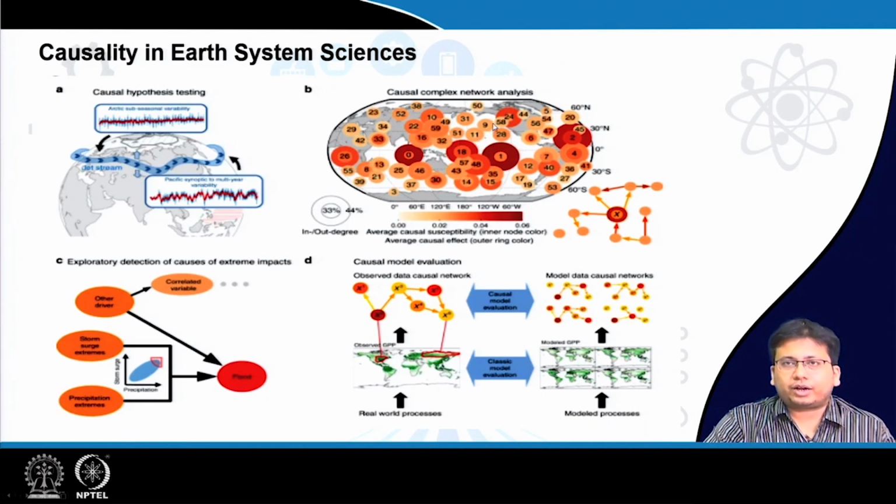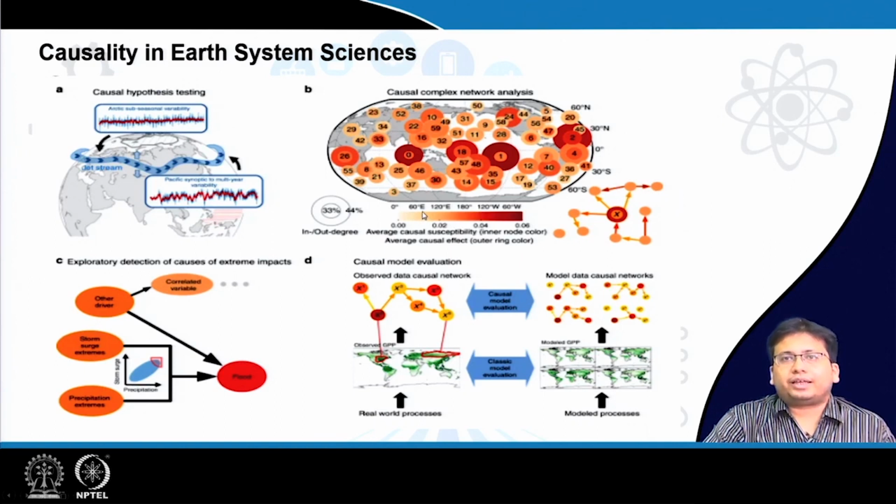Of course, that will require us to do the causal analysis and identify lots of cause effect pairs in different parts of the world. One of the most ambitious research questions in this domain is to build some kind of a causal complex network of the world that will enable us especially to understand the phenomena of teleconnections, in which one phenomenon in one part of the world is known to result in another phenomenon in another part of the world.